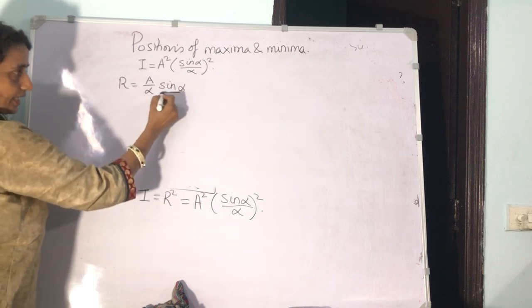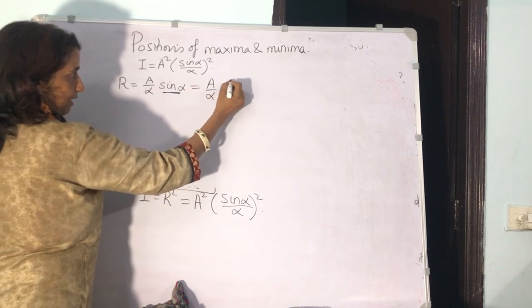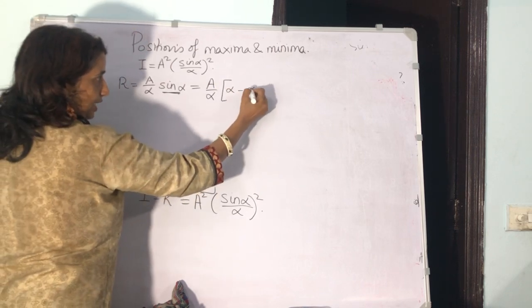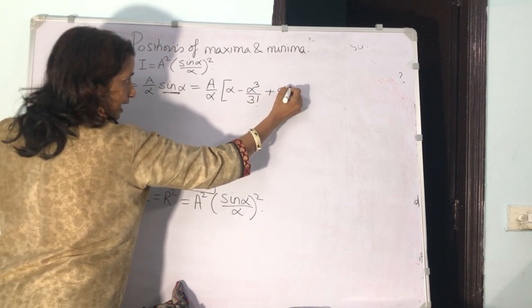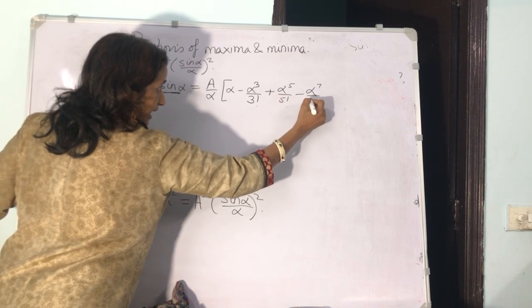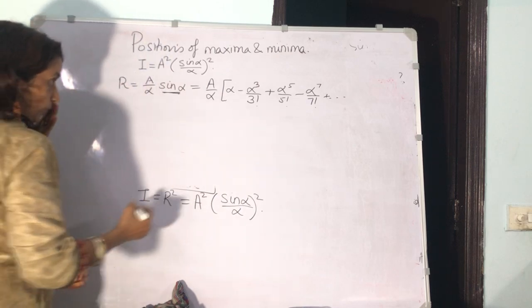We will write down the series of sine here. So A upon alpha into, what is the sine series? Alpha minus alpha cube by 3 factorial plus alpha to the power of 5 by 5 factorial minus alpha to the power of 7 by 7 factorial and so on.